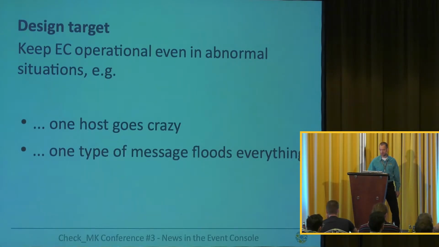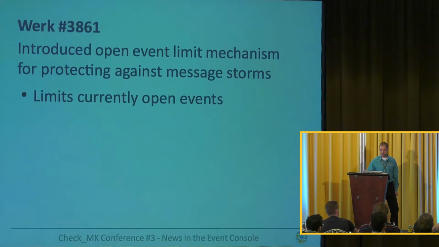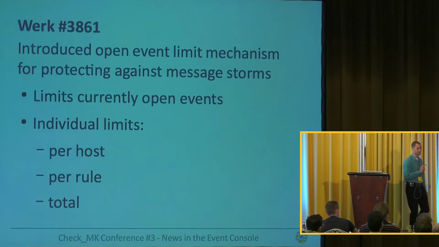So what we try to do is really get a handle on the situation and do it automatically. So that means we are trying to really be ready for these huge amounts of notifications by really limiting that number. And this is really important.